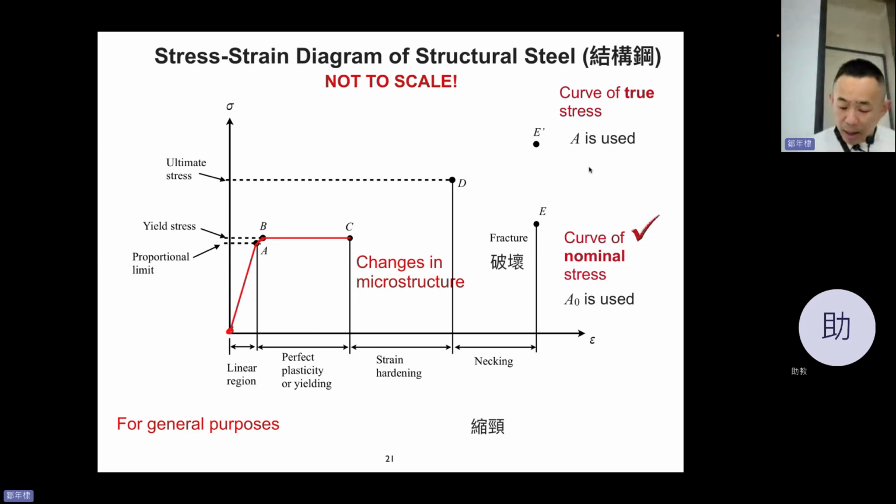Oh, by the way, sorry, I forgot to mention that the linear region is for general purpose use. What does that mean? For your general usage, for example, you expect your chair to be in this region, right? A lighter person sits down and it deforms a bit, and a heavier student sits down and it deforms more.